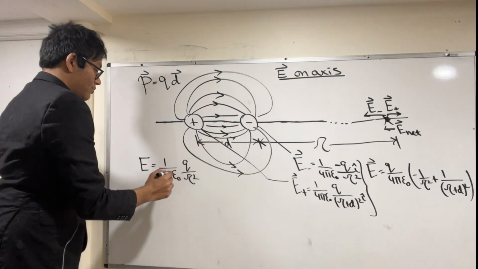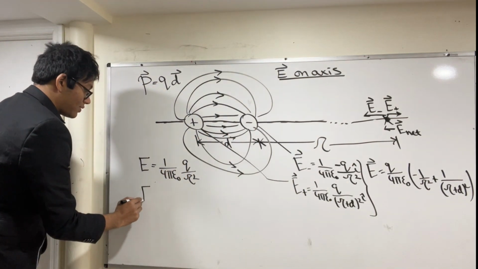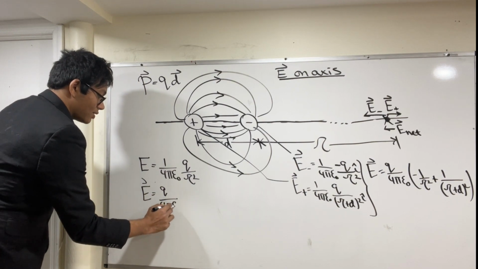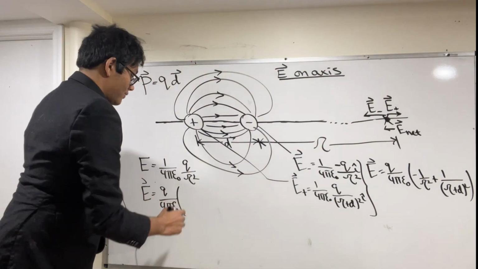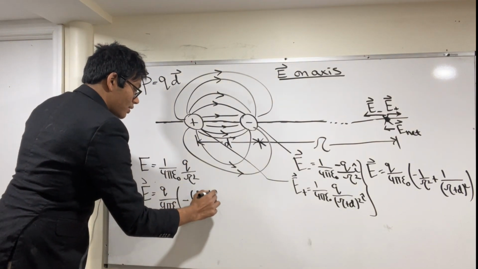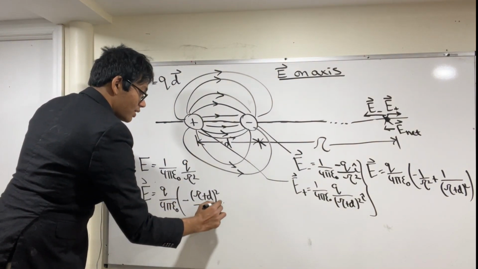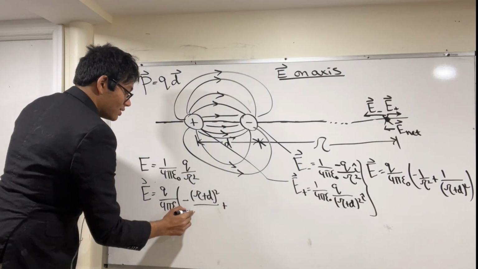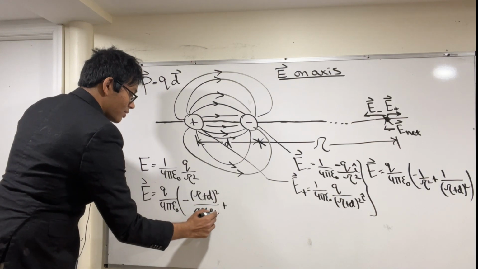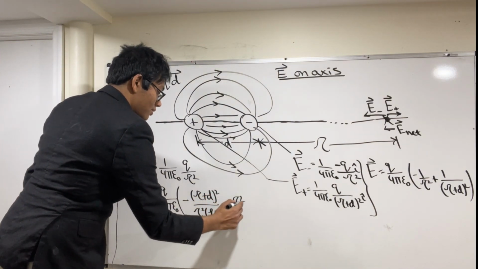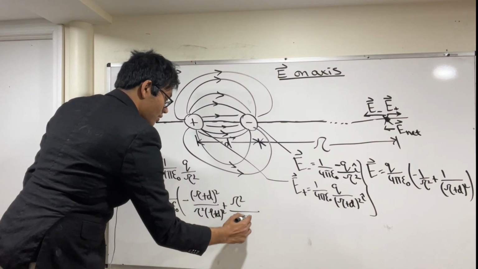So the electric field is going to be Q over 4 pi epsilon naught, and I'm going to have minus (R plus D) squared plus R squared, all over R squared times (R plus D) squared. The whole point of common denominators is that this becomes R squared times (R plus D) squared.